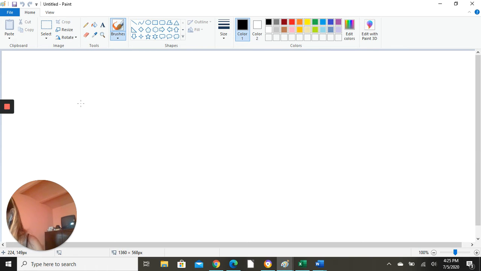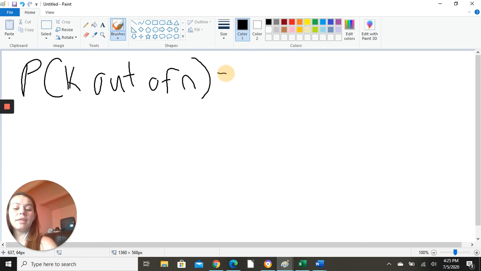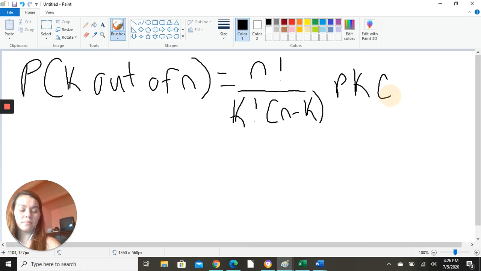So our formula we're going to use is P(k out of n) equals n choose k, where n, remember, is 4, times p to the k times (1 minus p) to the n minus k power. That's the one we're going to be using.